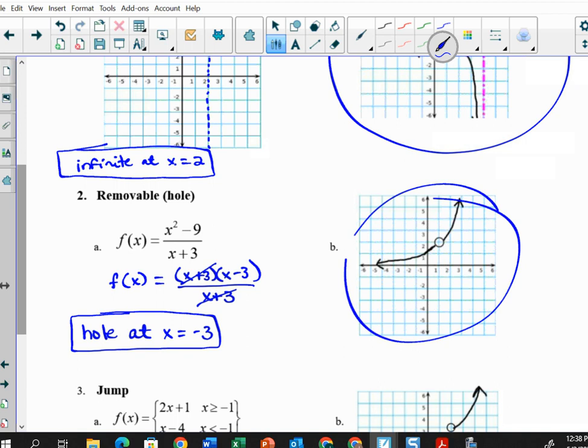Anybody remember, if you're graphing it, how to get the y part of the hole? Yeah, plug it into what's left. So x plus 3 is the factor that gets canceled out, right? What makes that equal to 0? Like your factor that cancels.